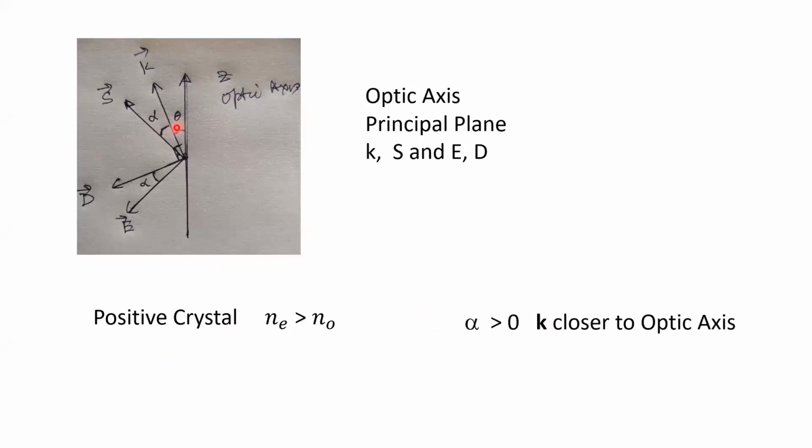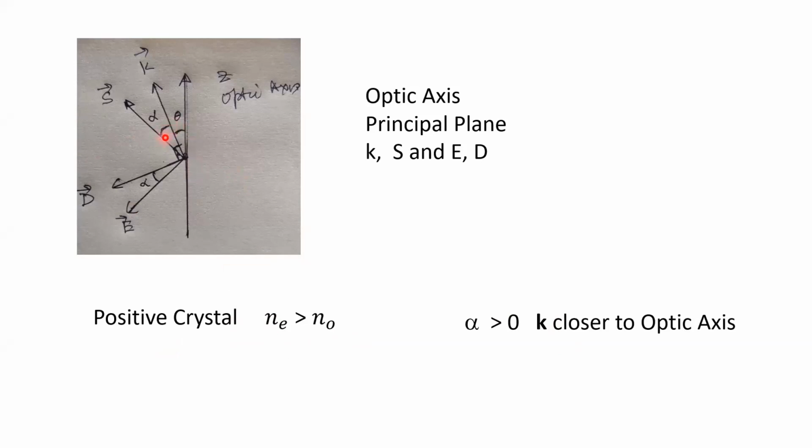So this angle alpha, if you go back to the equation which we wrote earlier, with alpha as tan inverse of n_o square over n_e square times tangent theta, minus theta, and you look at that equation, and n_o is less than n_e, you'll get positive alpha.